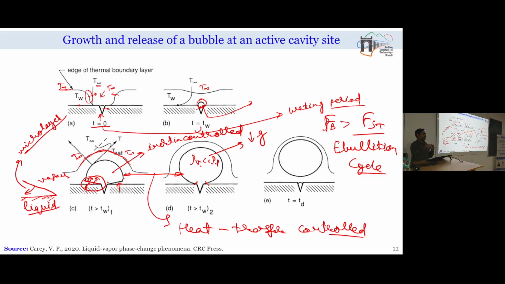At that time, the liquid to vapor conversion will be controlled by the rate of heat transfer. That is why we call this regime the heat transfer controlled regime. And once the buoyancy force is greater than the surface tension force, we have departure of the bubble, and while departure is taking place, some amount of vapor remains attached in the cavity, which assists in nucleation of the next bubble.